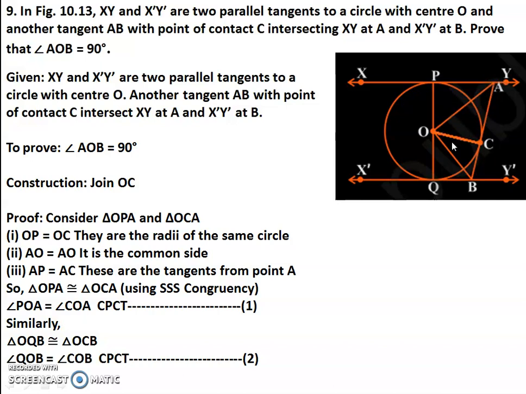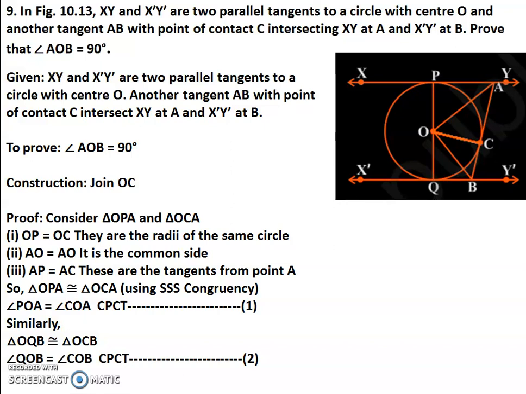Next, AP equal to AC. Can you tell me why? These are the tangents from point A. Then how can you say that they are equal? Students, you have learned theorem 10.2.